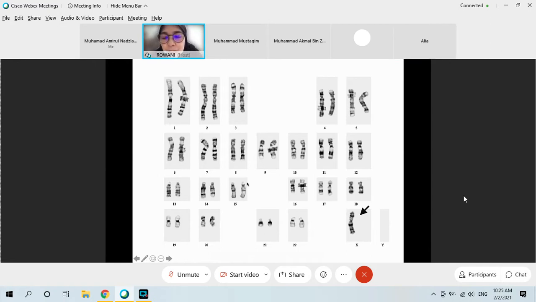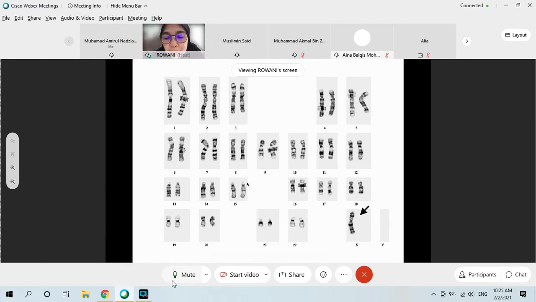So normally, how many should there be? By right, how many chromosomes? 46. Okay, so this is a numerical abnormality, right?